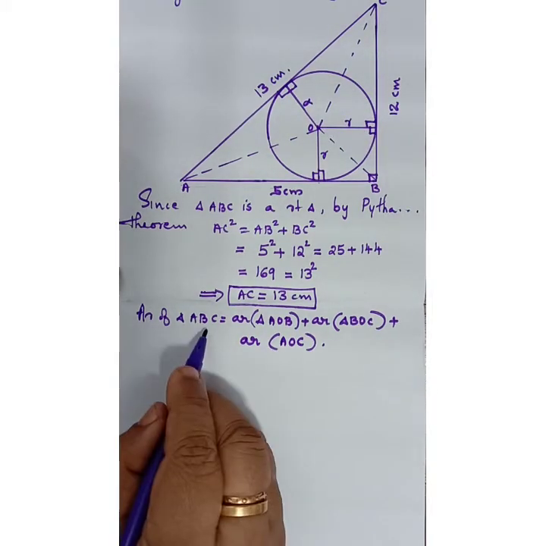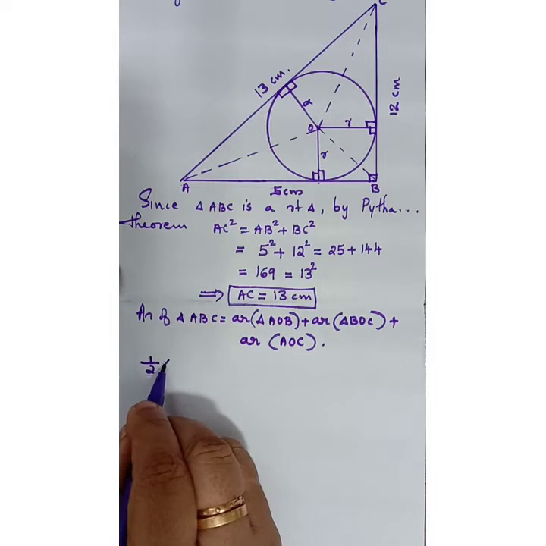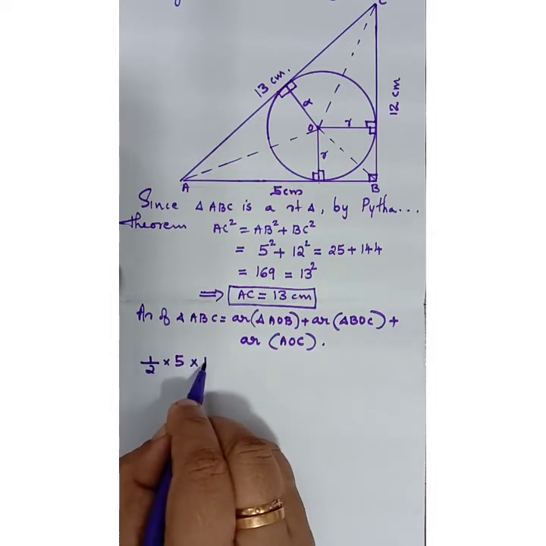So let us write that area of triangle ABC is half into base 5 into height 12.